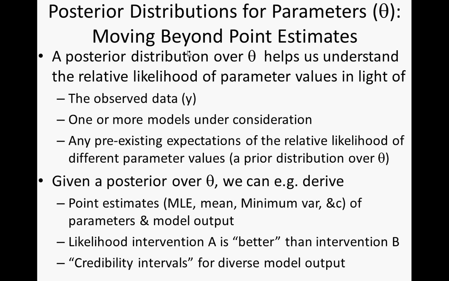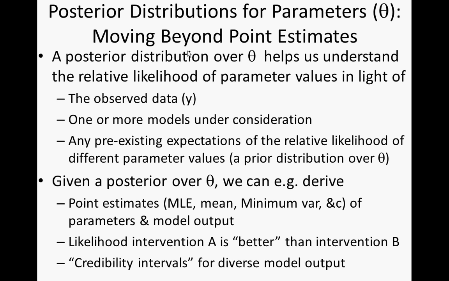This posterior over the parameters can also be used to arrive at credibility intervals for diverse model output, which have a certain conceptual underlying relationship with confidence intervals, but are formulated in a Bayesian form.